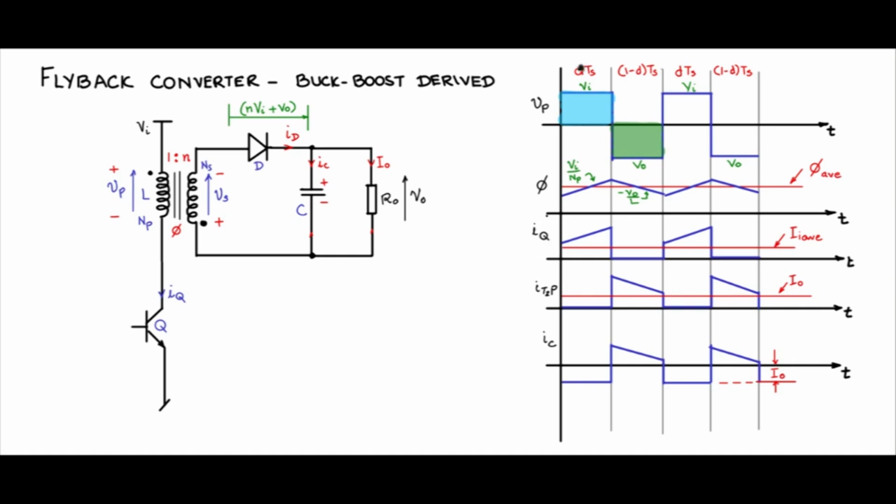So see that during the DTS period of time, IQ, there is a current which is rising linearly like this, and the slope there is Vi divided by L, and that is the slope of this. So observe that IQ, you will have a finite current only when Q is on, and during the period 1 minus DTS, Q is off and there is no IQ. IQ current is 0.